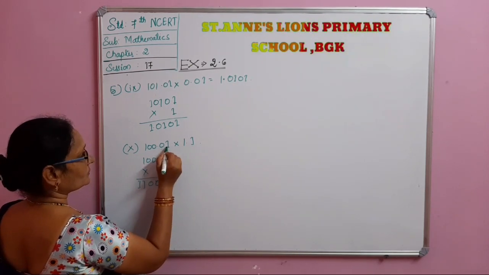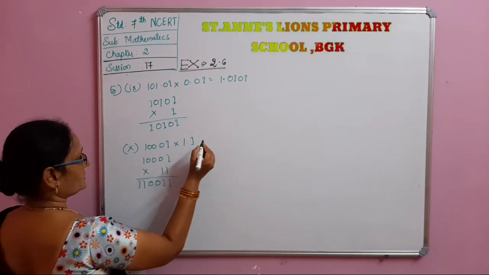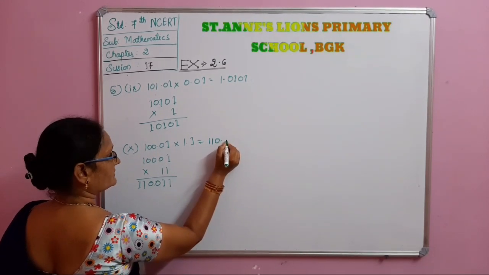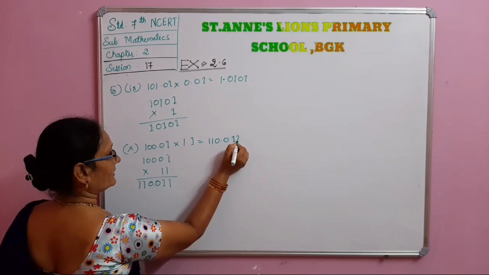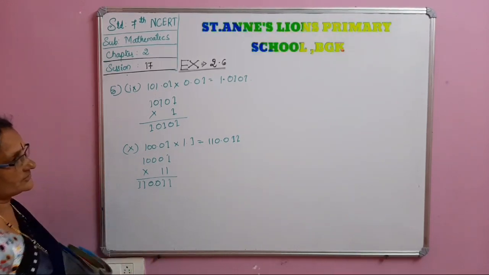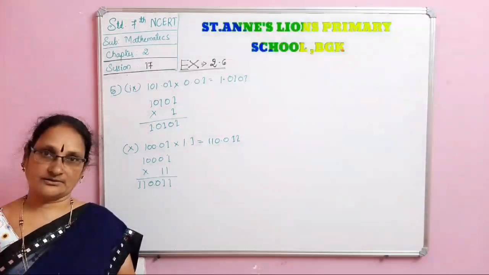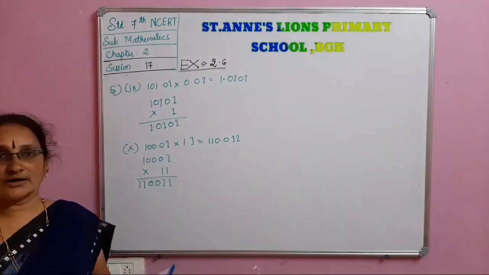Here 1, 2, 3 places. So the answer is 110.011. This is all about the fifth main of exercise 2.6.